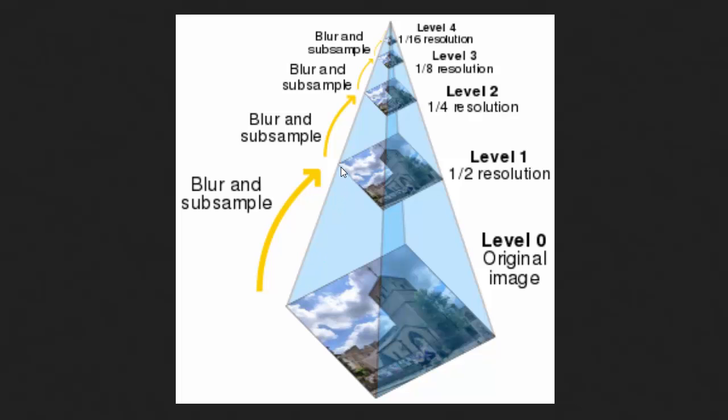Then when you downscale an image using a pyramid function, it's going to give you an image with half the resolution of the original, and when you go further up, it gives you 1/4 of the original image, and so on, 1/8 or 1/16 of the image.